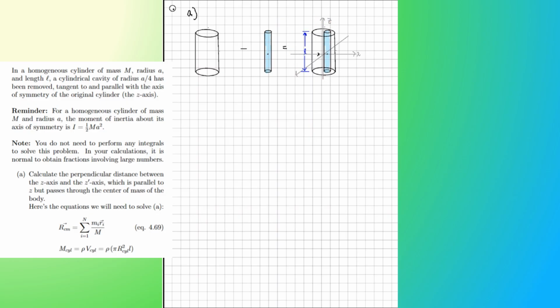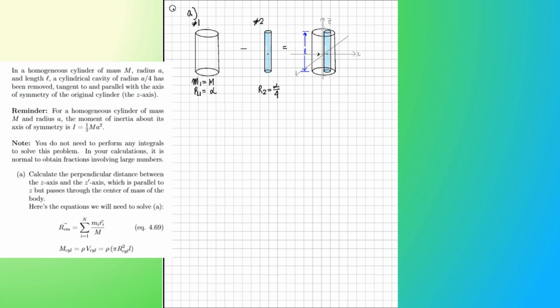We have an initial cylinder, from which we remove a cavity, and we place that cavity tangent and parallel to the axis of symmetry of the initial cylinder that we called Z. In this statement, we know that the mass of the initial cylinder, M1, is M, and its radius is alpha, and the radius of the cavity is equal to alpha divided by 4.